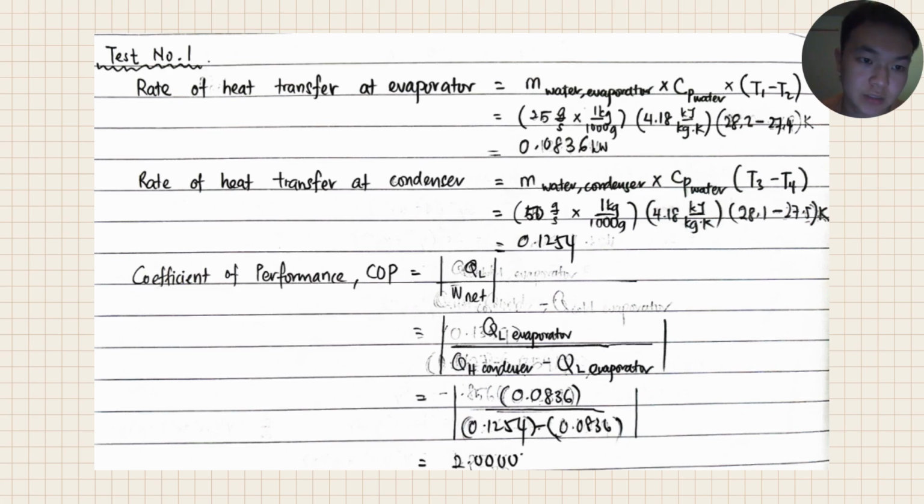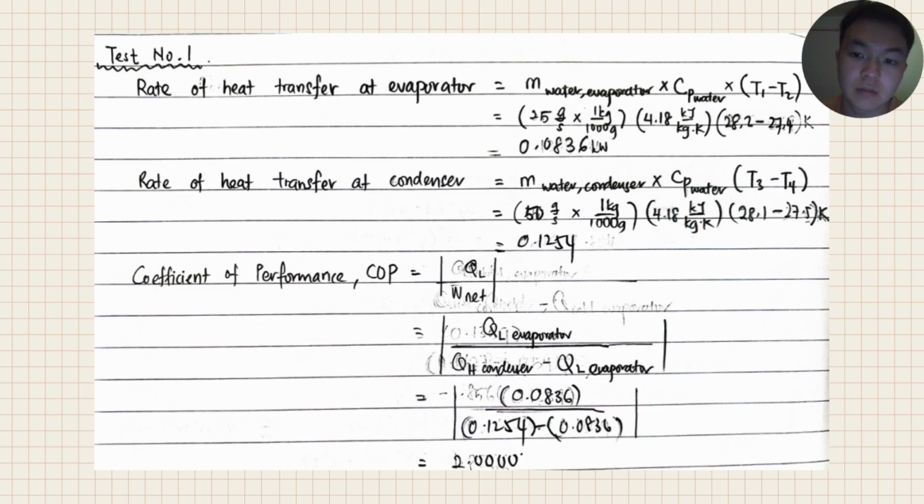As you can see, this is the manual calculation of the test one example. We got 0.0836 kilowatt for the rate of heat transfer at the evaporator, while at the condenser it is 0.1254 kilowatt. And for the COP, we got 2 using the formula given.